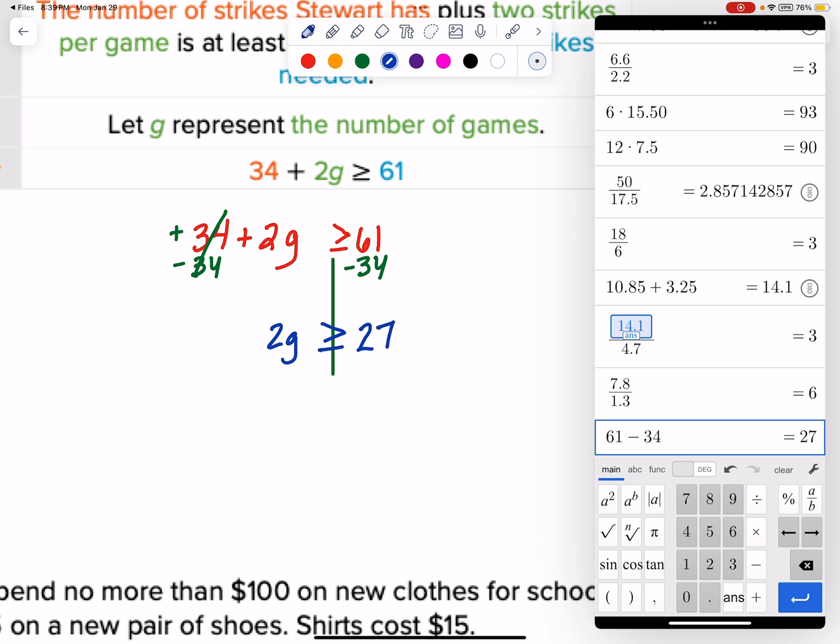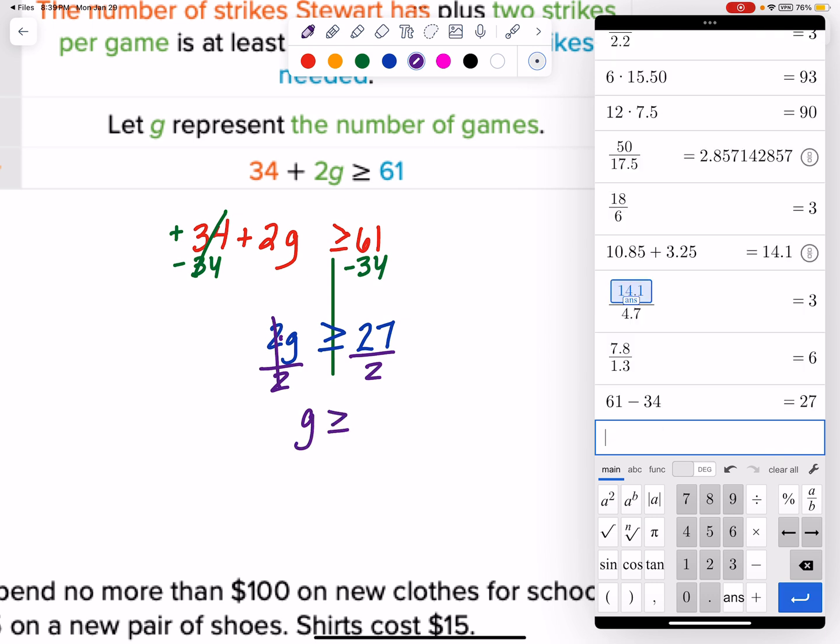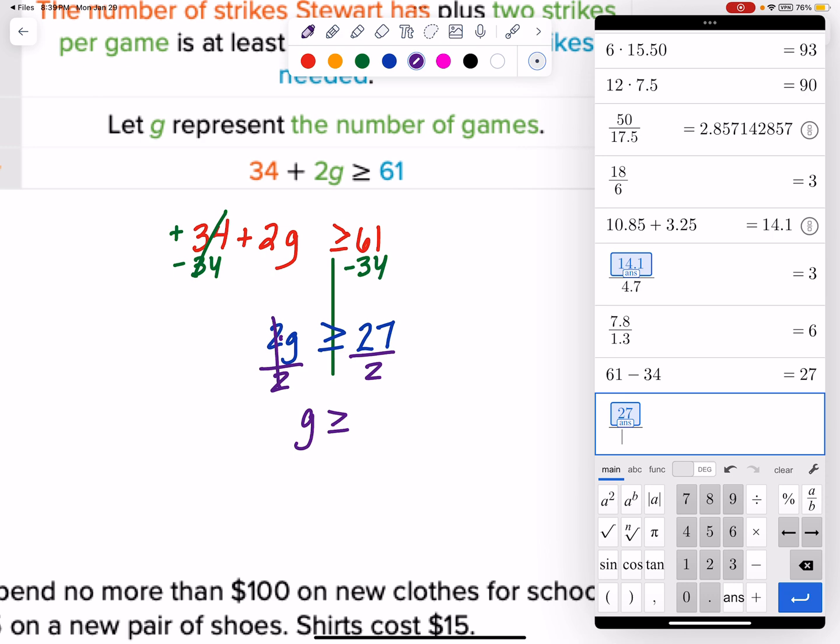Now we can go ahead and isolate the variable. We have 2 times G, so I want to divide by 2. I'm not multiplying or dividing by a negative, so the inequality stays, and we are left with G is greater than or equal to 27 divided by 2, which is 13.5.